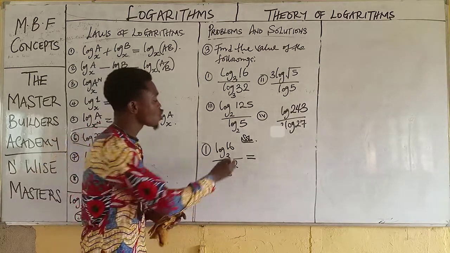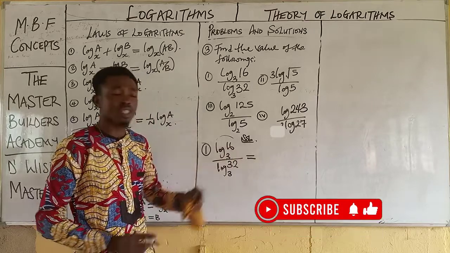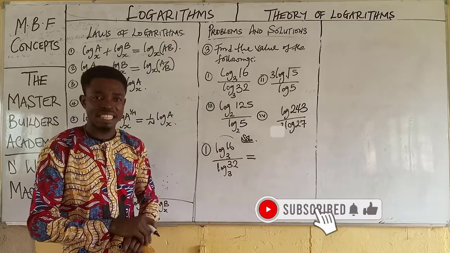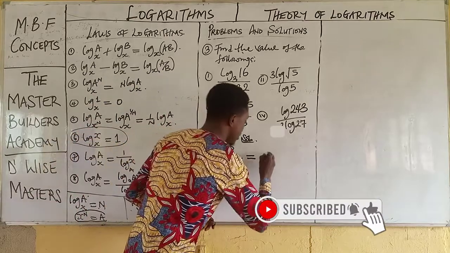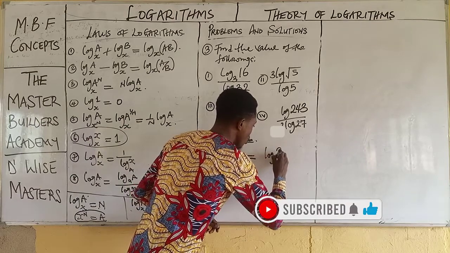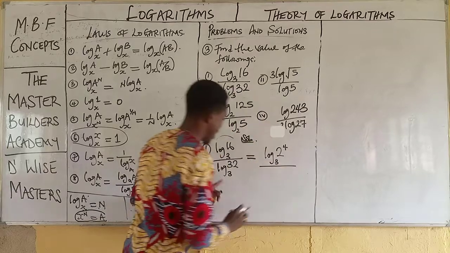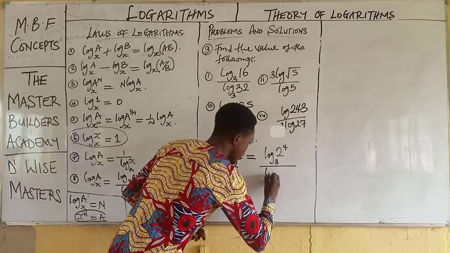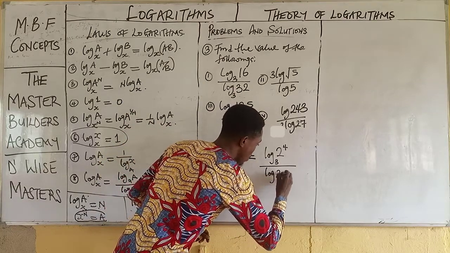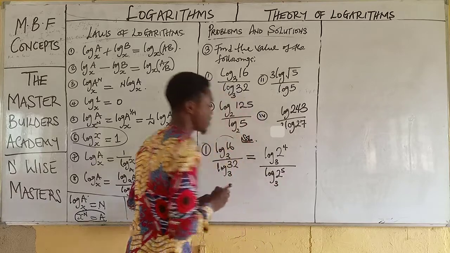Then we know that 16 is 2 raised to the power of 4 base 3, all over 32, which is 2 raised to the power of 5 to base 3.